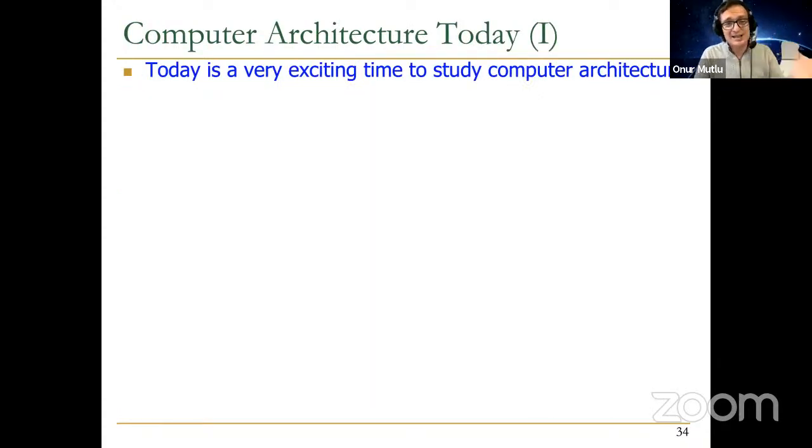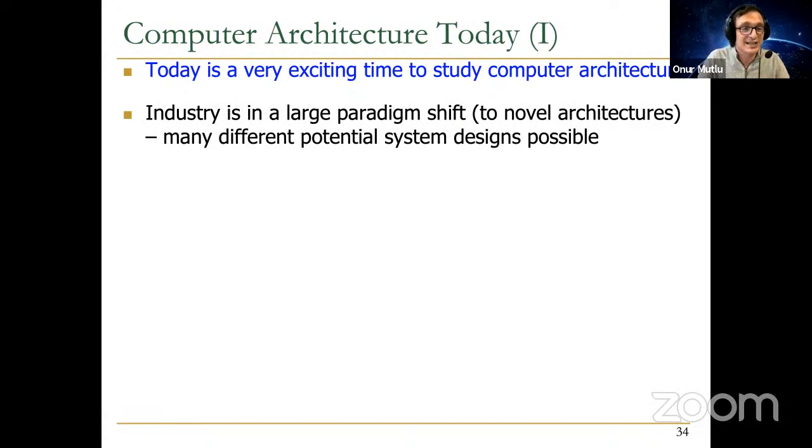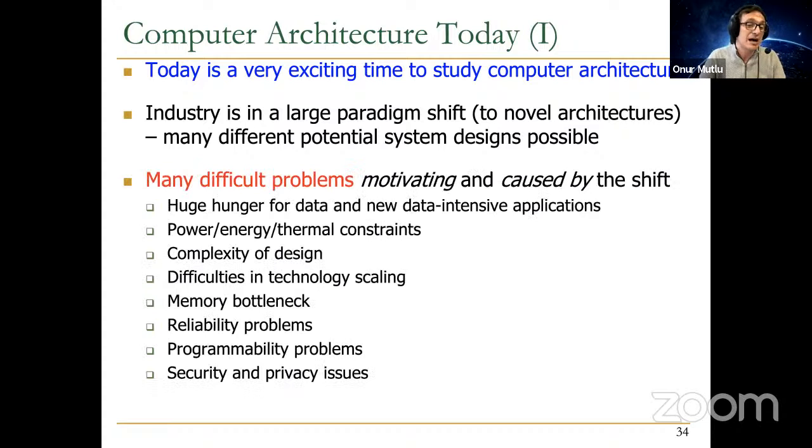Okay, today is, I think, a very exciting time to study computer architecture because industry is in a large paradigm shift. There are many different potential system designs possible. There are many novel architectures being investigated. I'm going to give you some examples of this. And there are many difficult problems that motivate these new architectures and that are also caused by these new architectures. So clearly, a huge hunger for data is motivating new architectures, data-intensive applications.